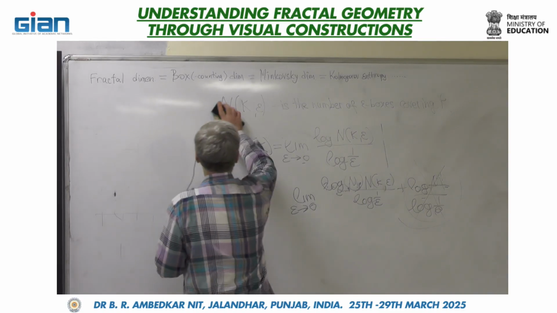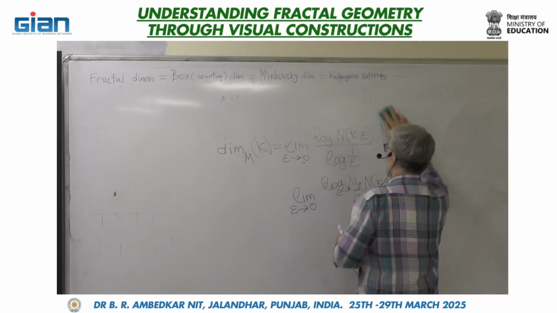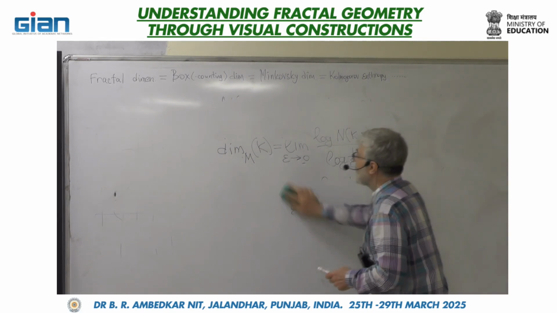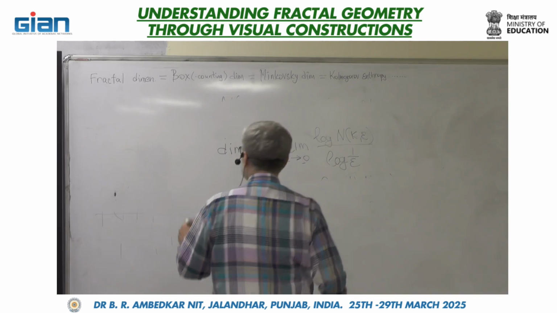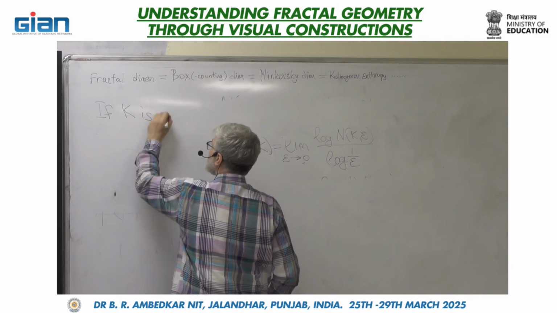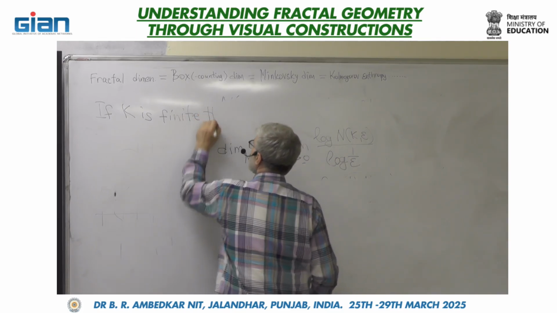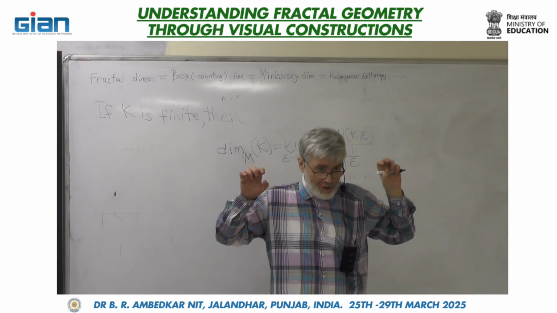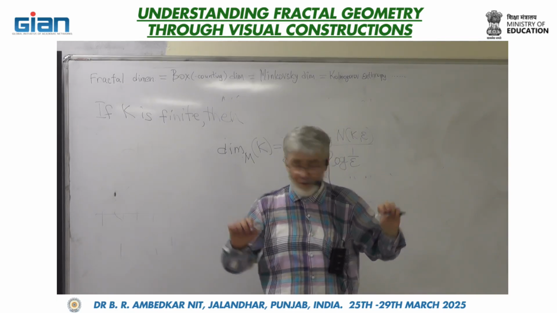I will keep this formula so that we could see it. And now, if K is finite, then the number of boxes is constant, independent of how small epsilon is.